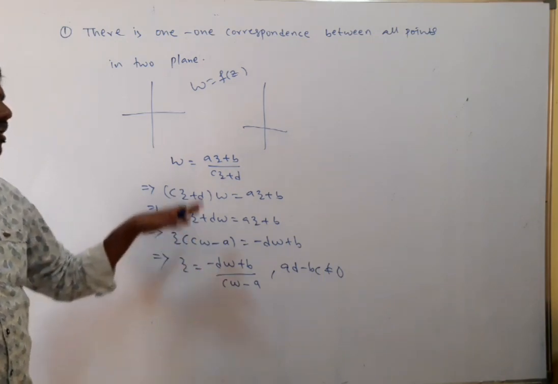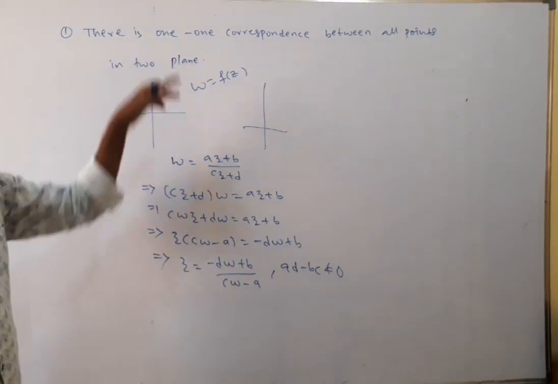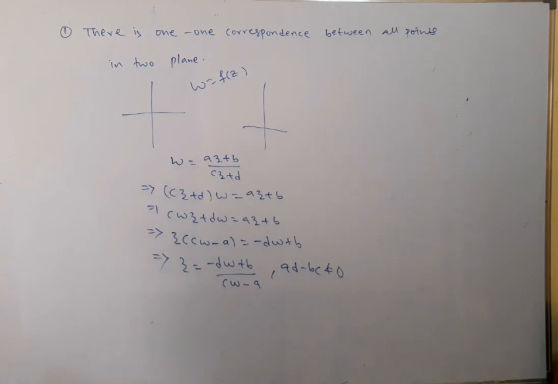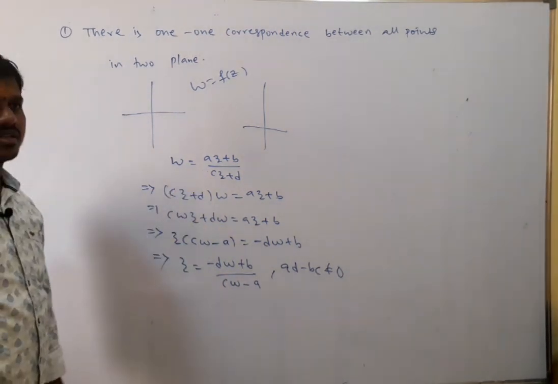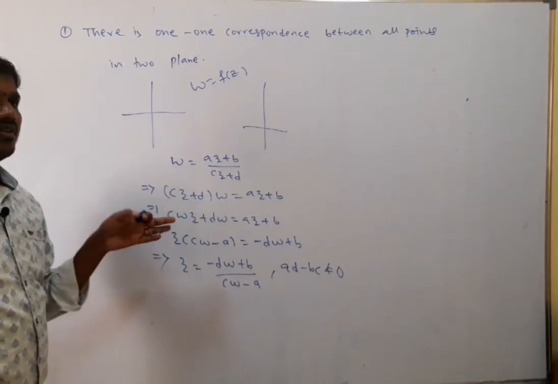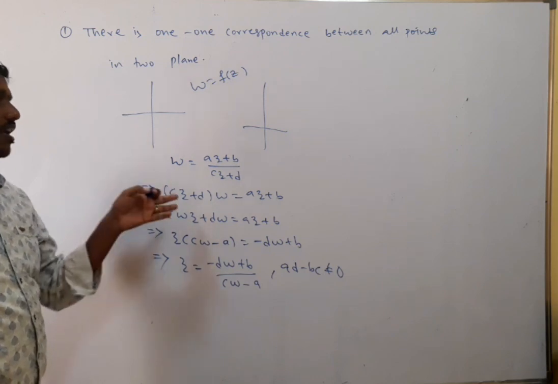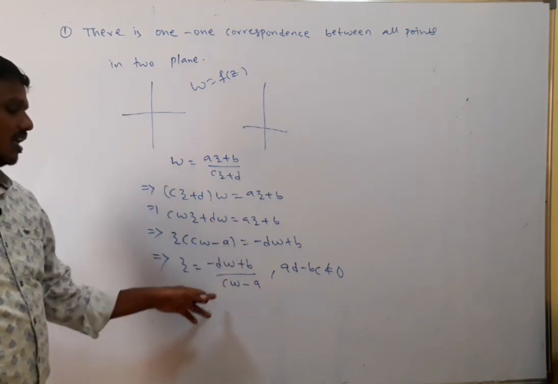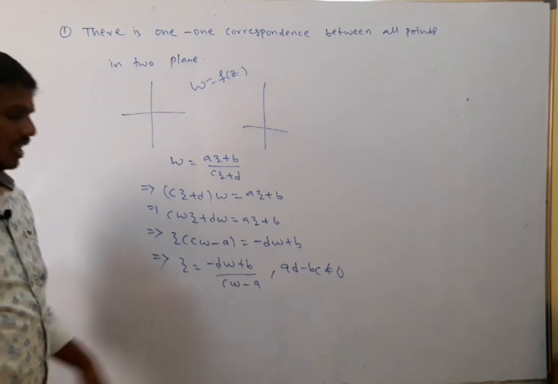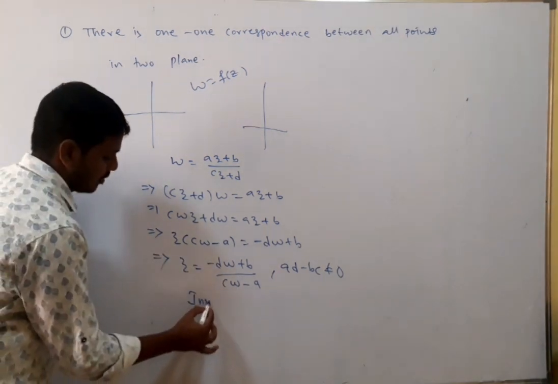That's why there is a one-to-one correspondence between all the points in the z plane and w plane. One transformation is given, w equals az plus b divided by cz plus d. Then the inverse transformation of the given bilinear transformation is given by minus dw plus b divided by cw minus a.